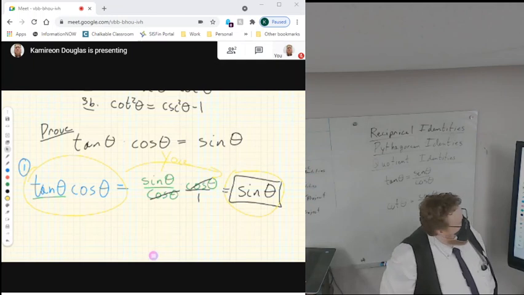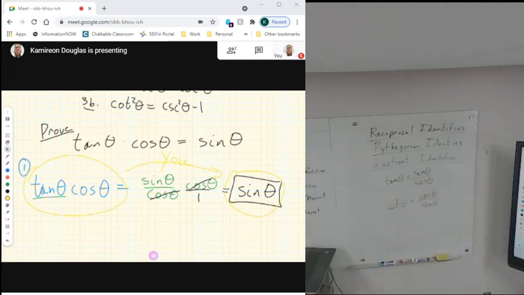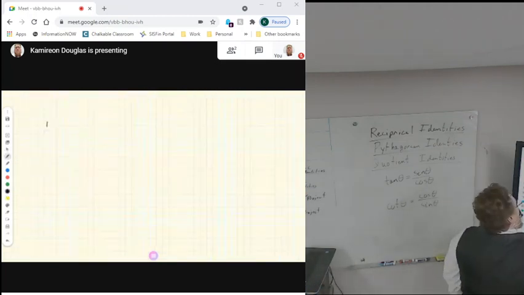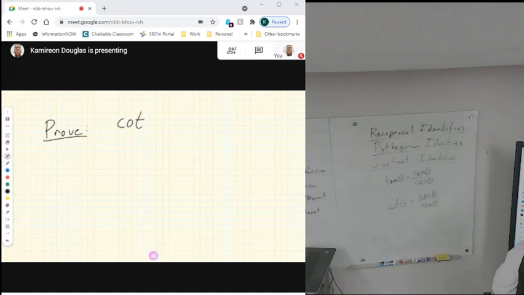Here we go. Example number 2. Proof: cotangent divided by cosecant is equal to cosine.